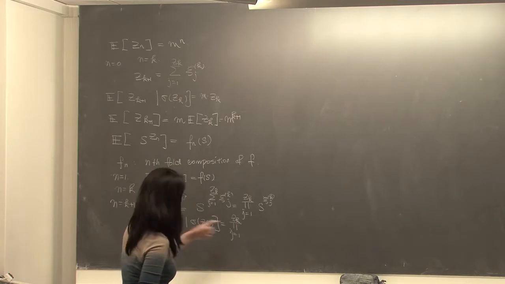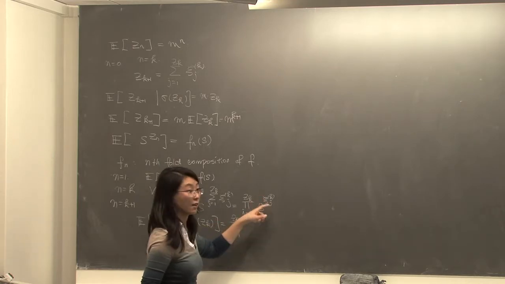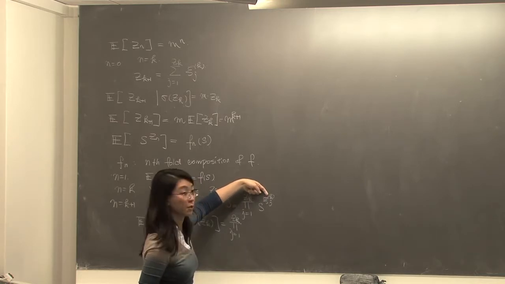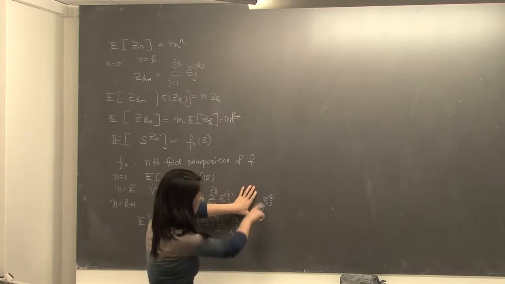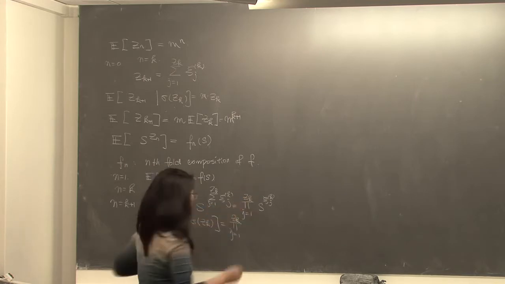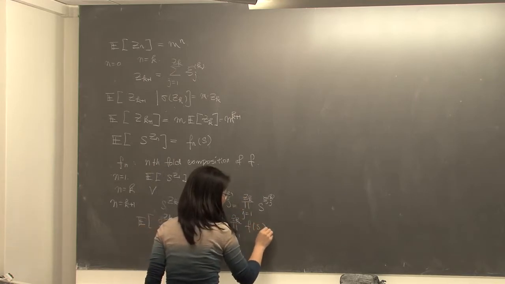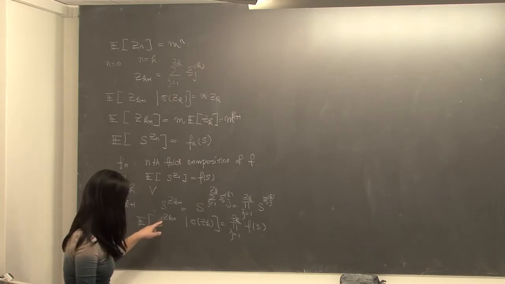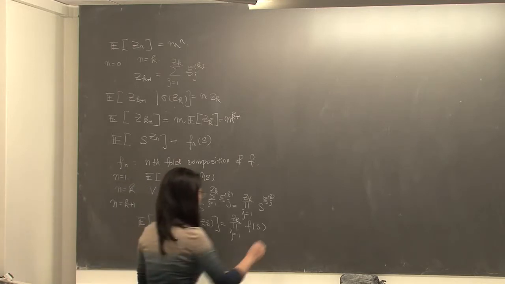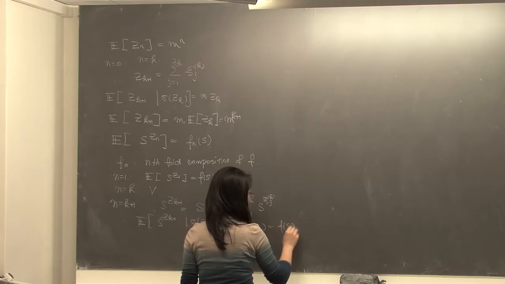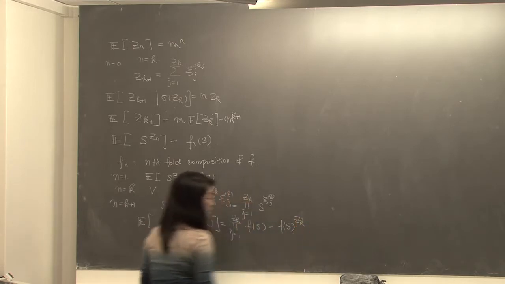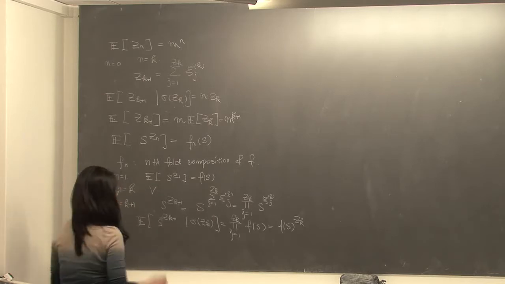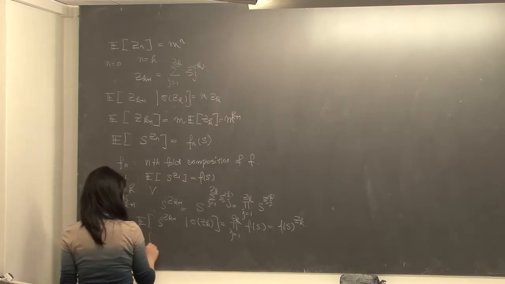And now we can take expectation of each one. And for each one, we know that this Z_{k,j} has the law of mu. So when we take expectation of this one, this just gives us F(s). So this tells us the conditional expectation of s to the power Z_{k+1} equals F(s) to the power Z_k. Okay, and then we take expectation again.